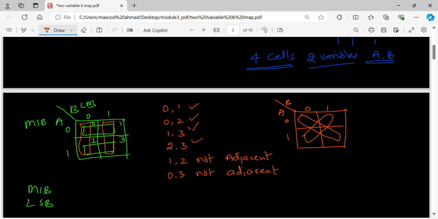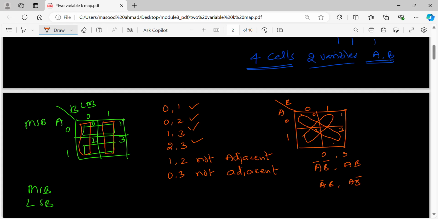Not adjacent means they do not vary by only one variable. For example, cell 0 is A0, B0, which means A bar, B bar. This cell is AB. Comparing cell 0 and cell 3, and cell 1 and cell 2: cell 1 is A bar B, and cell 2 is A B bar.